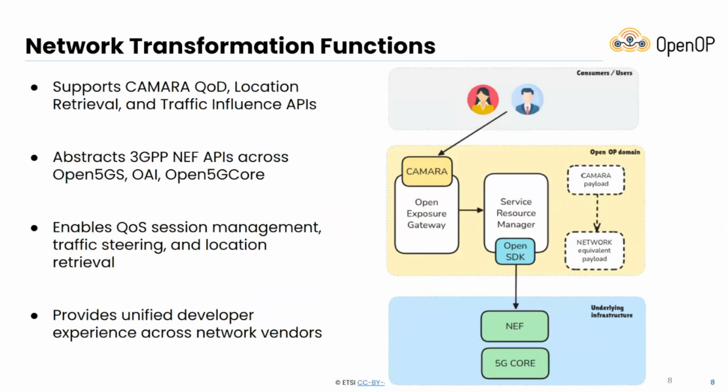The same way for the network transformation functions, we are supporting CAMARA QoD, location retrieval, and traffic influence APIs. We're abstracting the 3GPP NEF API across Open5GS, OAI, and 5G Core. We are enabling QoS session management, traffic steering, and location retrieval, and providing a unified developer experience across network vendors.